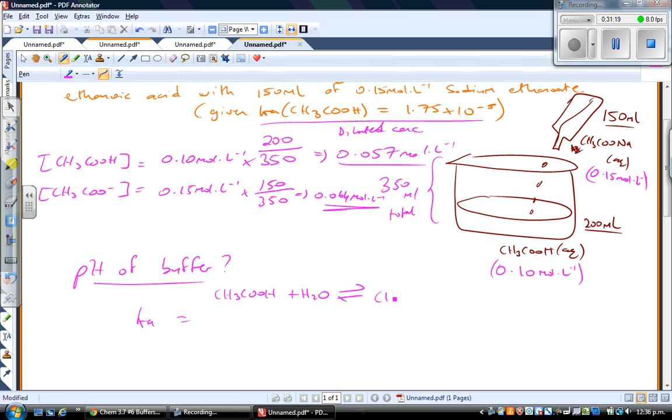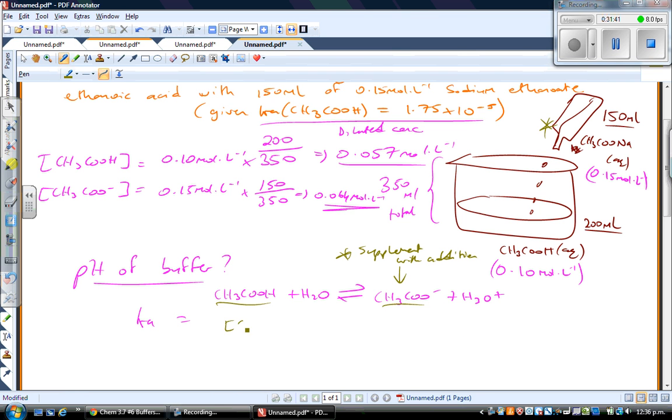So partial dissociation in water gives ethanoate plus H3O+. And of course, the reason we're adding the solution is to supplement that concentration with the addition, so that we get equal concentrations of both of them.